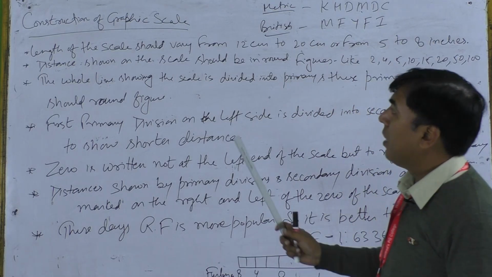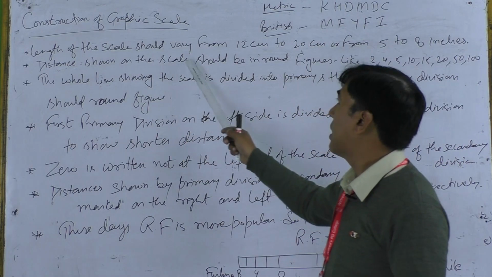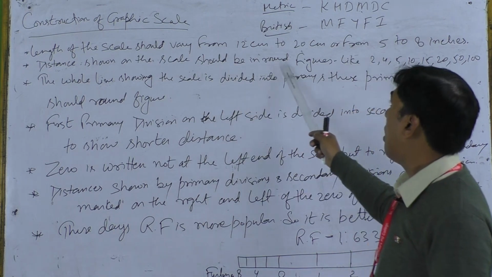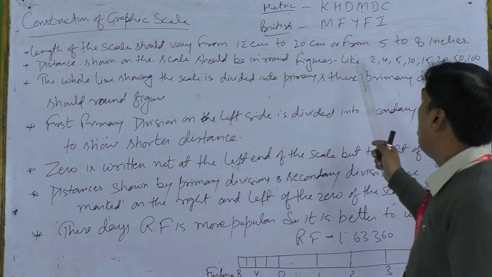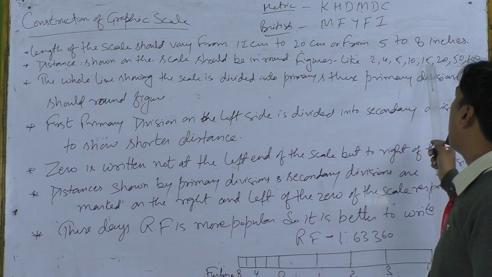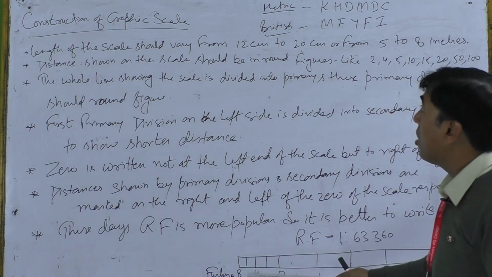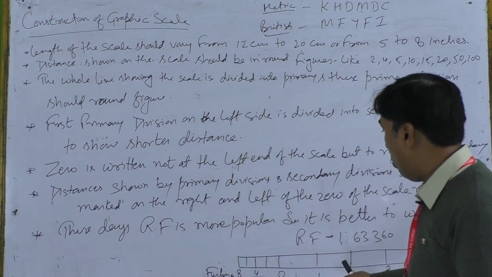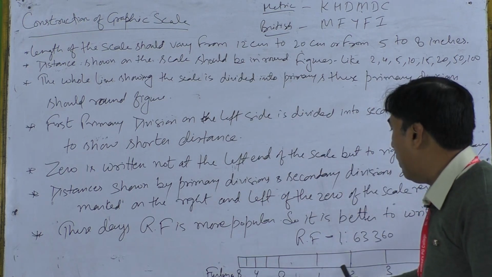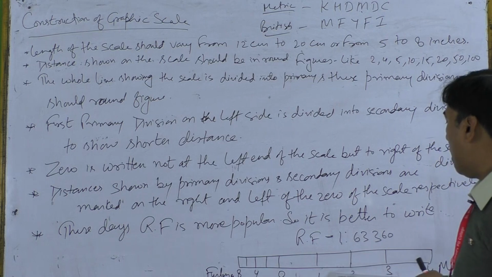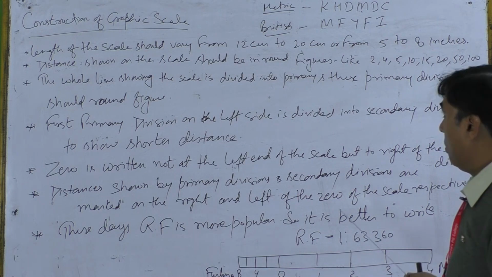Second thing is distance shown on the scale should be in round figures like 2, 4, 5, 10, 15, 20, 50, 100, like this. Here we are also showing the units in round figures like 0, 4, 8, 1, 2, 3, 4, 5.